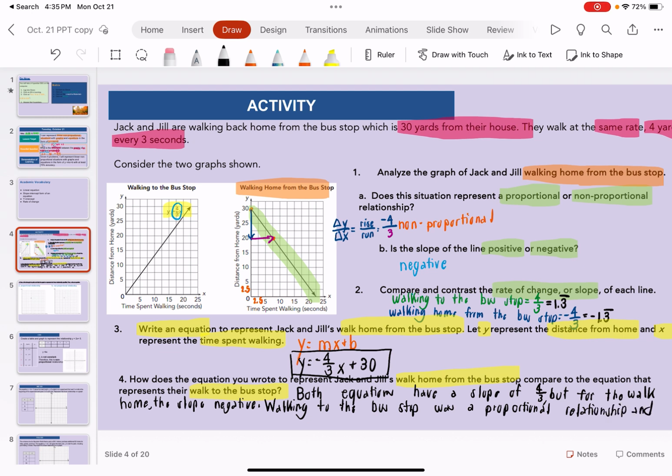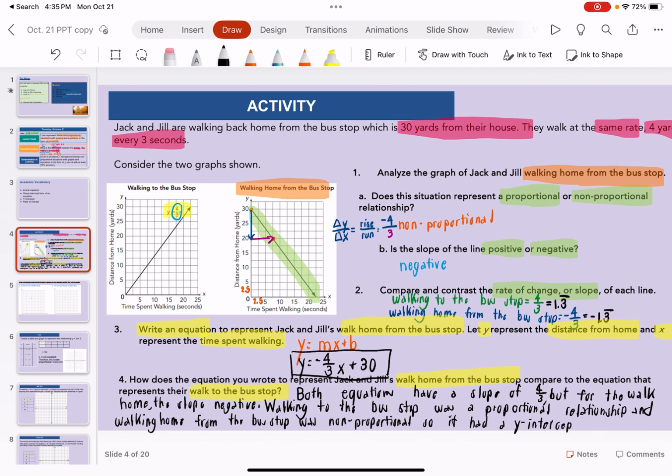And walking home from the bus stop was non-proportional. So it had a y-intercept. And again, the y-intercept was that 30.